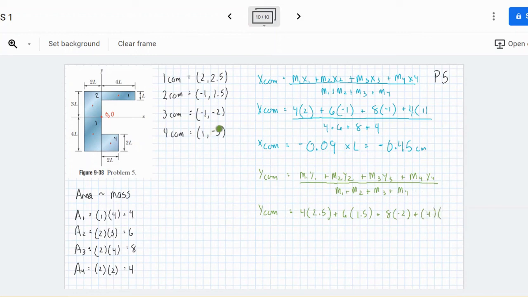Times Y position is -3. And this is divided by 4 plus 6 plus 8 plus 4. Put this in my handy dandy calculator.